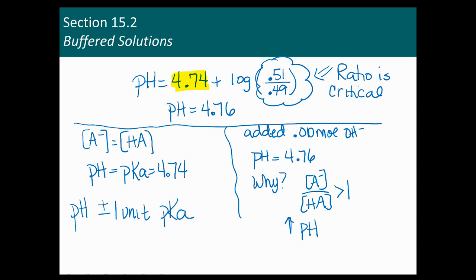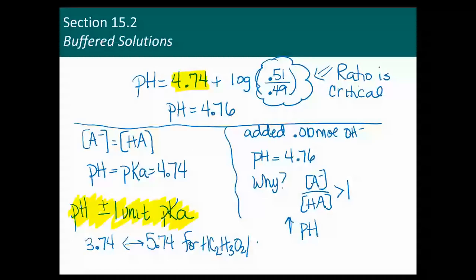I'm going to introduce that now, and then we'll keep talking about it in later presentations. But acetic acid with acetate is really only going to work around a pH of 4.74, but more specifically, a pH value of 3.74 through 5.74 for an acetic acid acetate buffer.